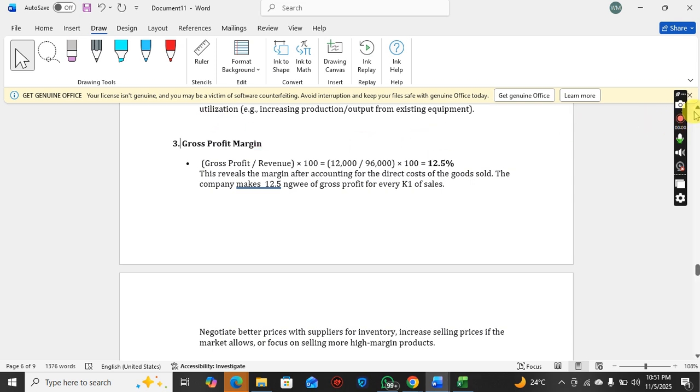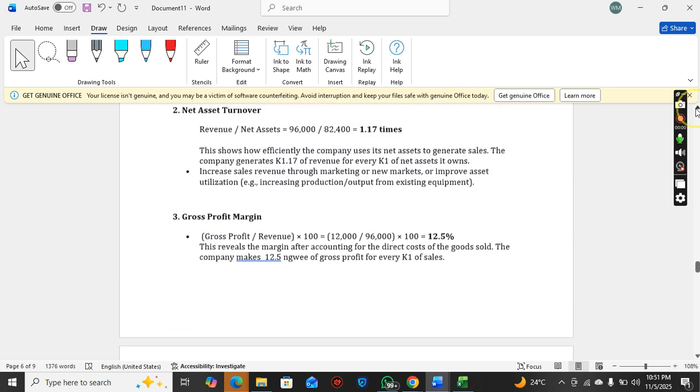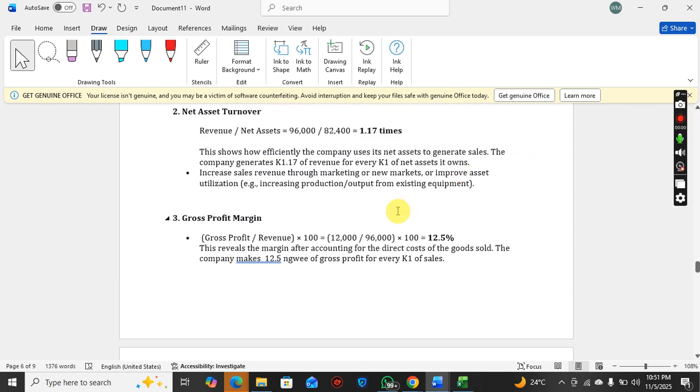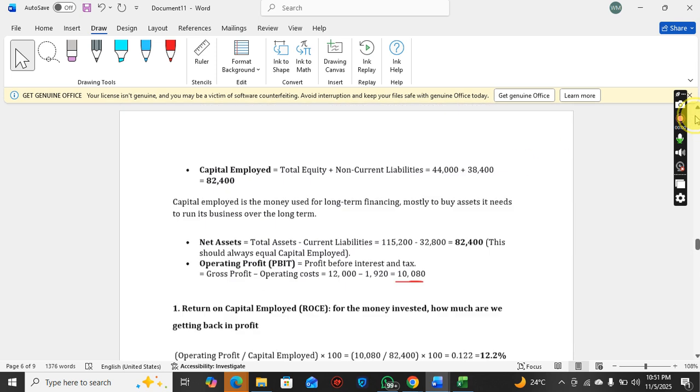Okay. So when you go to the next ratio, gross profit margin. In simple words, think of it as saying, out of your sales revenue, what percentage is gross profit?